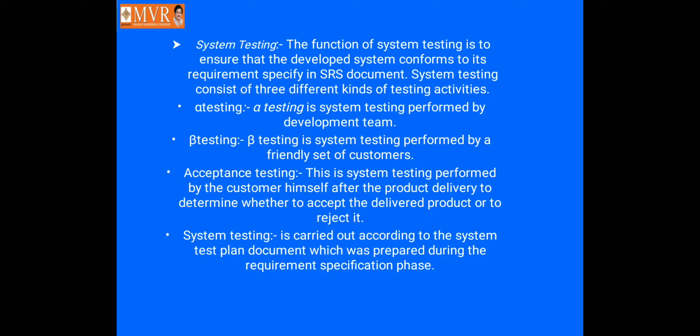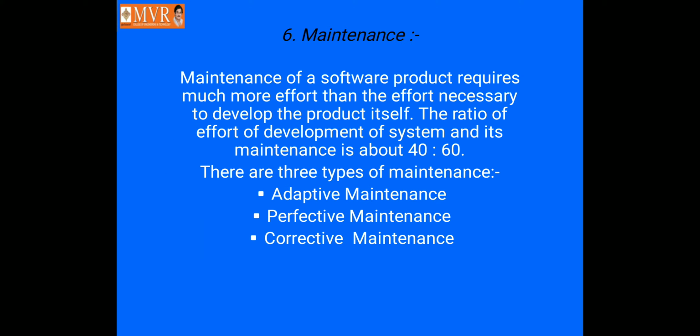Next, system testing is carried out according to the system test plan document, which was prepared during the requirement specification phase. After completion of the testing, we go to maintenance.